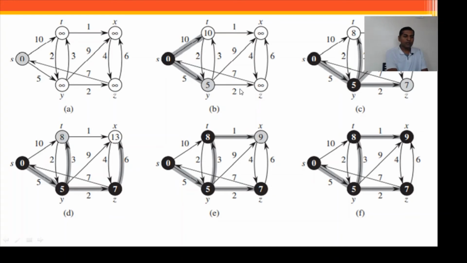Then 5 plus 2 is 7, and 7 is better than infinity, so 7 replaces infinity.